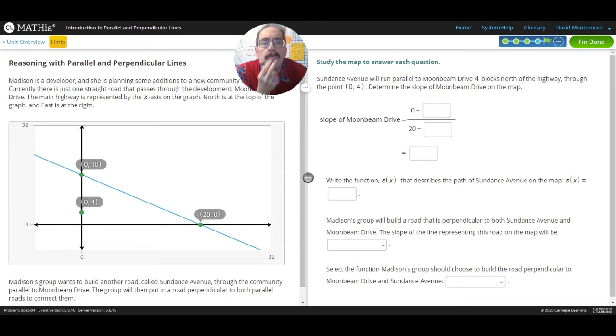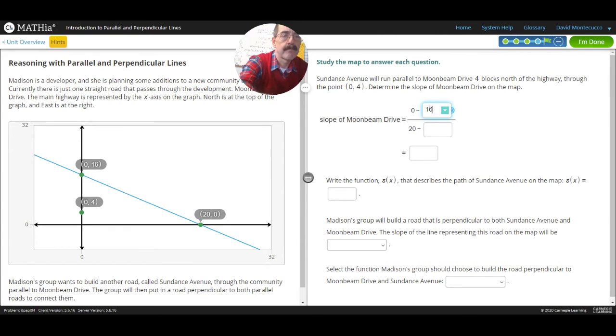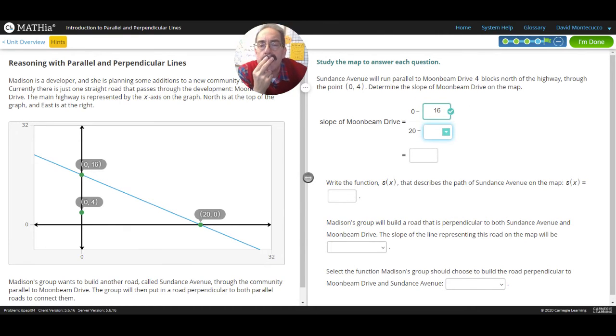Now, slope of the Moonbeam line. The rise over the run. The slope of Moonbeam: it's up at 16, and it's at 0, so we're going to put a 16 here. 20 to 0.